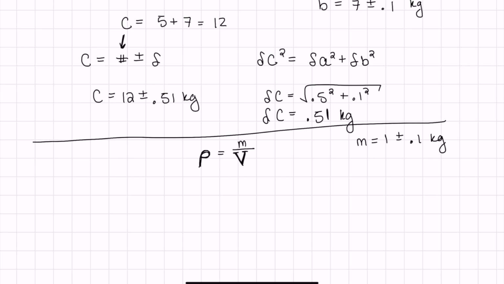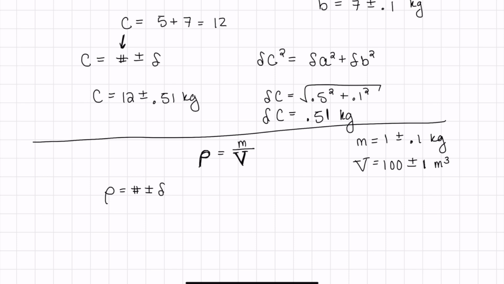We'll say the mass is 1 plus or minus 0.1 kilogram, and that the volume is going to be 100 plus or minus 1 meters cubed. And I write the V a little fancy just so it doesn't get confused with velocity, which can sometimes happen.